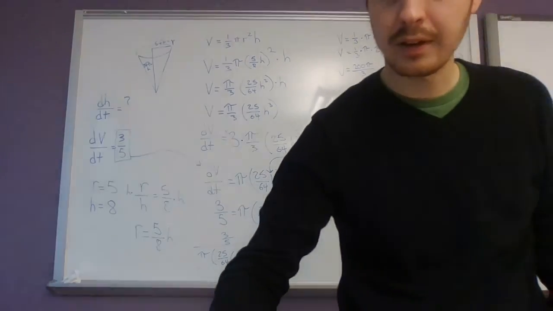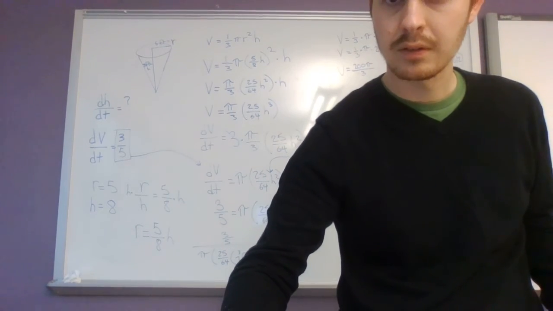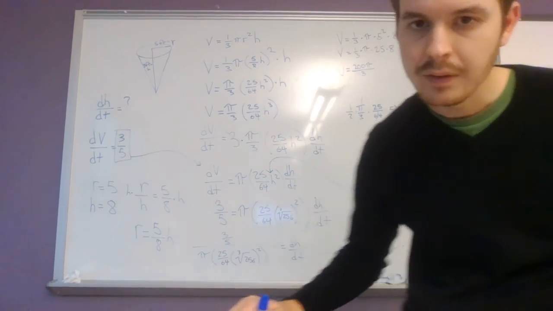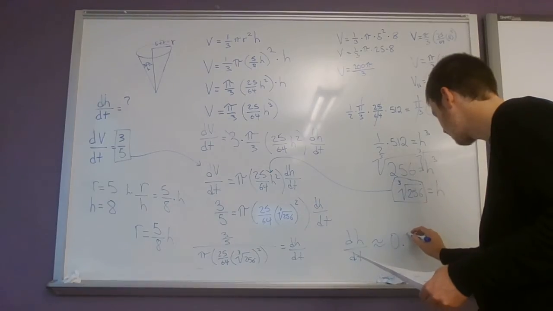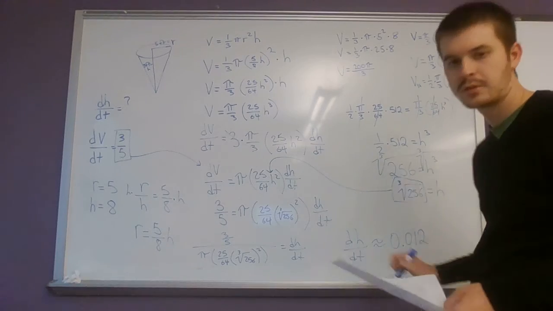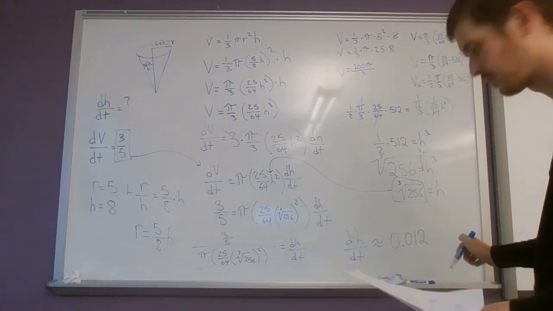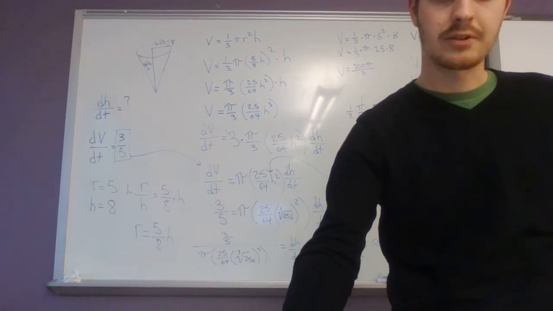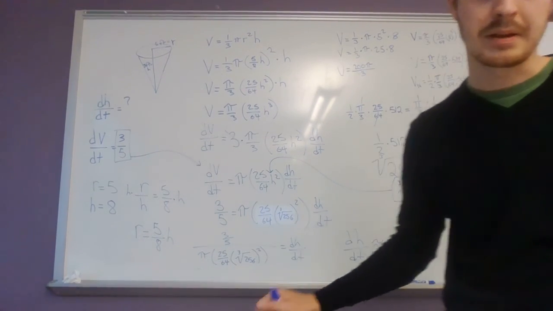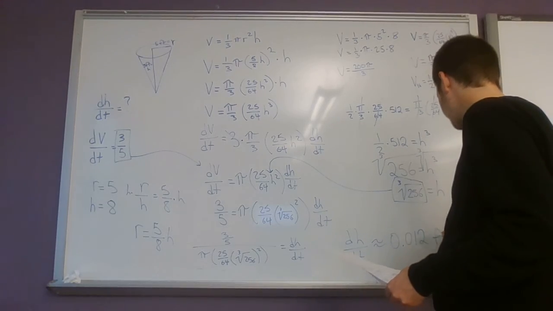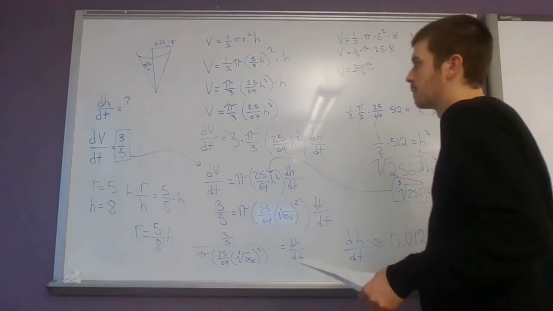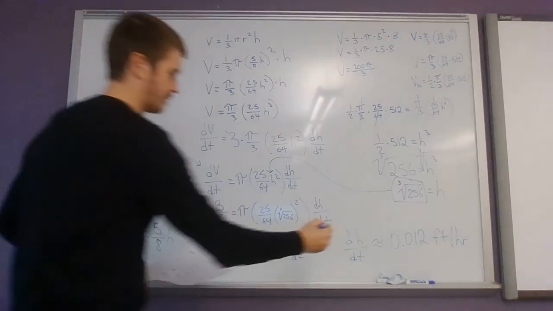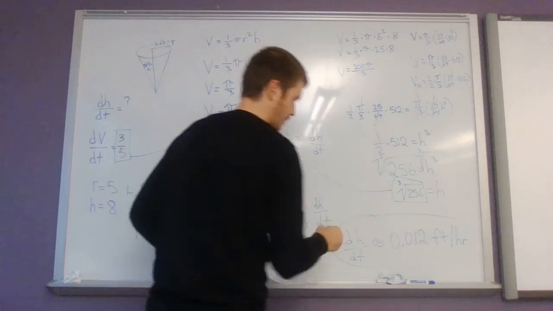It is going to be approximately 0.012, so about 12 thousandths, and our units are going to be feet per hour because it's our change in height with respect to time. So there we go.